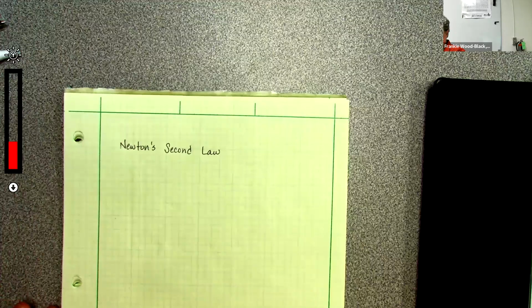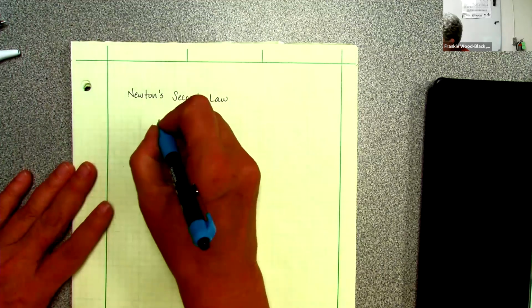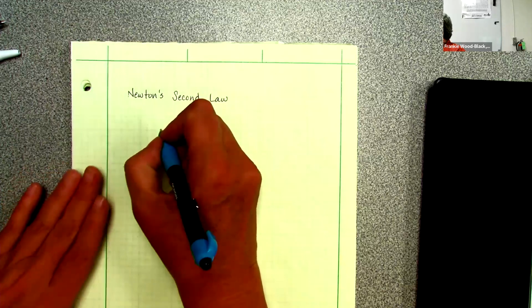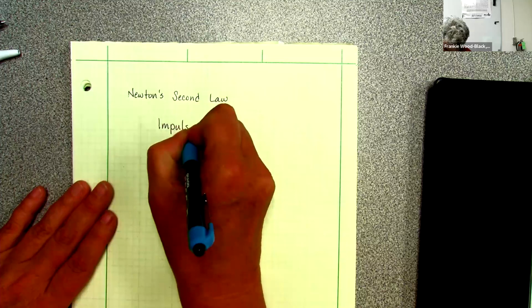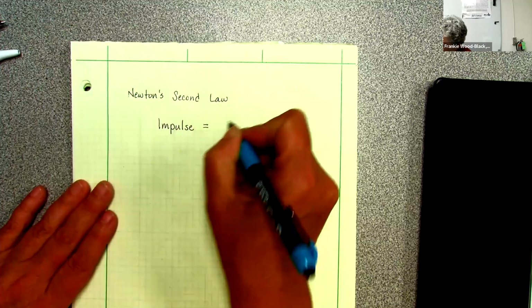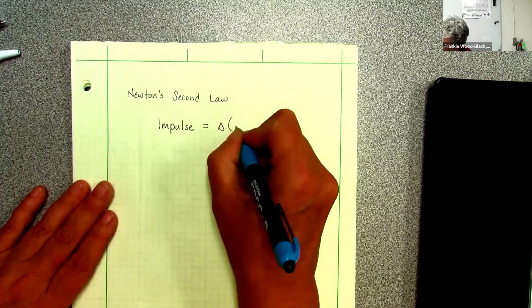There we go. So that makes it a little easier to see. We started out saying that Newton really said that impulse is equal to a change in momentum.